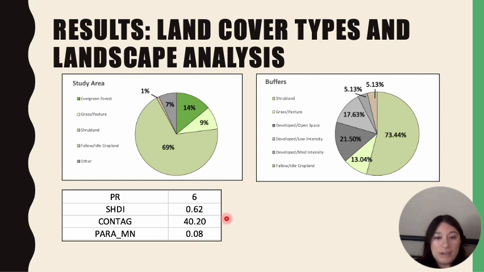For contagion, we had an average level of connectivity. Some of the buffers definitely showed a lot more connectivity than others, so that might be a buffer level issue. And PARA-MN, perimeter area ratio, was only 0.08, which shows a low level of complexity of this landscape.